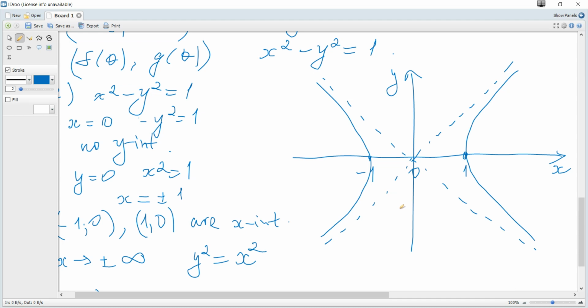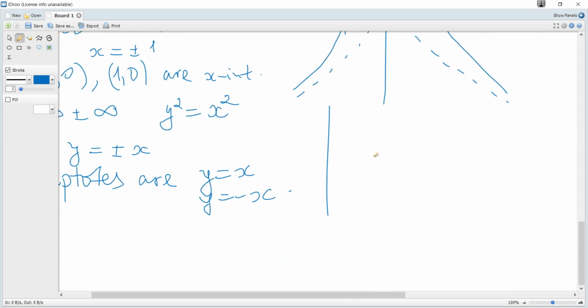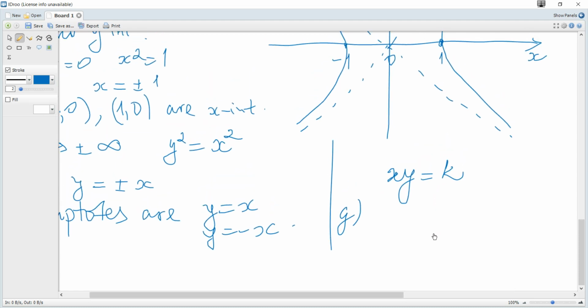The next, the hyperbola with equation x squared minus y squared is 1 can be rotated to coincide with the curve defined by xy is k, where k is real. G. Find the possible values of k. 5 marks.